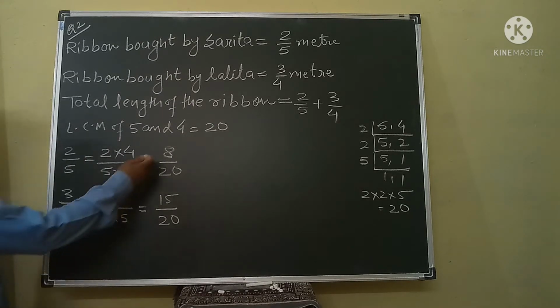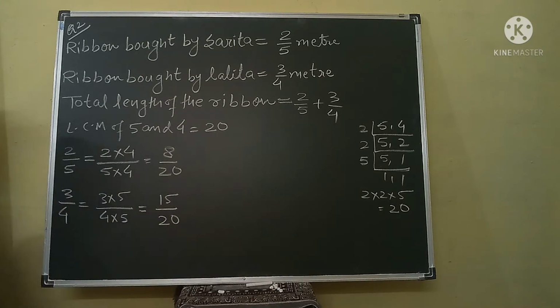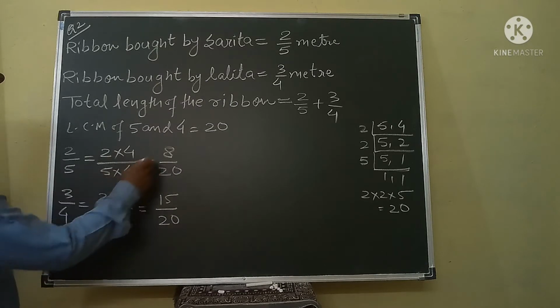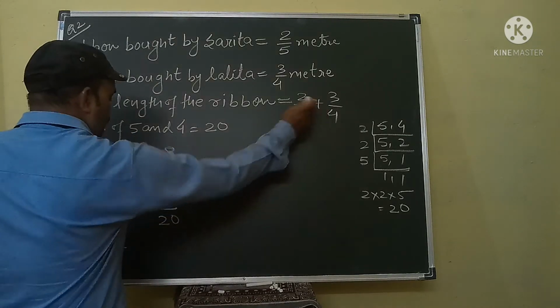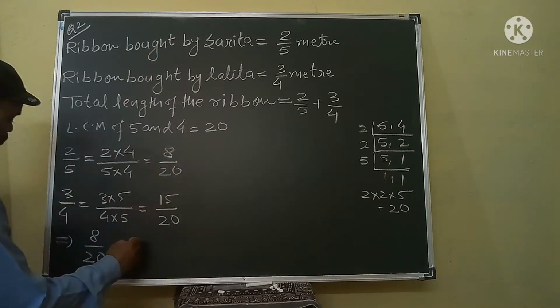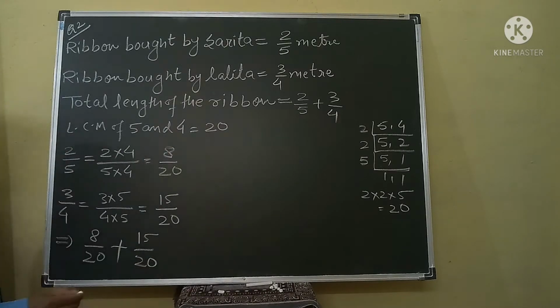We will add 8 upon 20 and 15 upon 20. As you are looking, 2 upon 5 belongs to 8 upon 20 plus 3 upon 4 belongs to 15 upon 20. Then after what we will do?